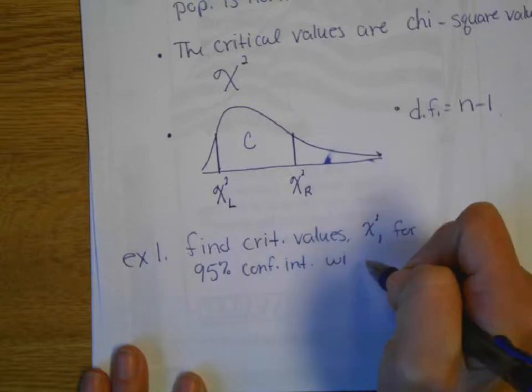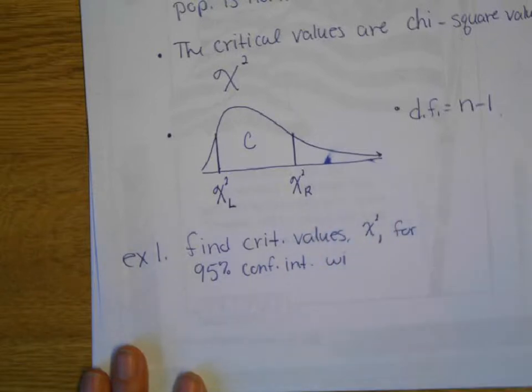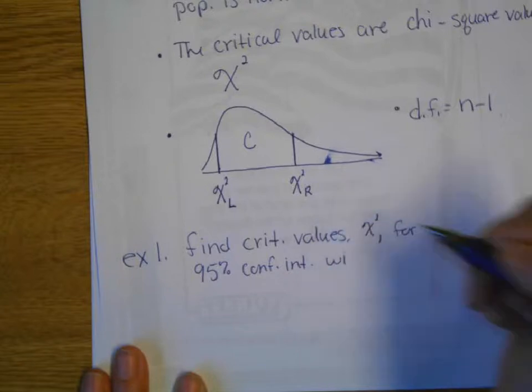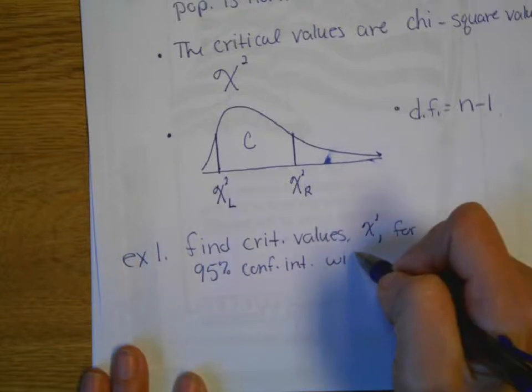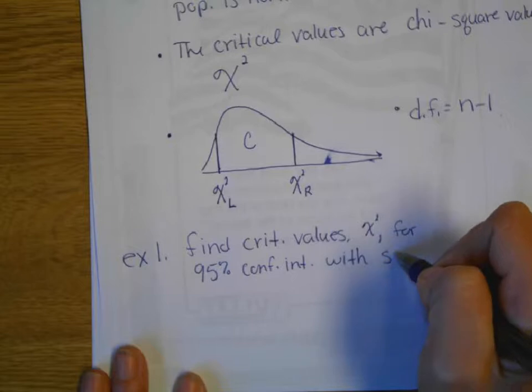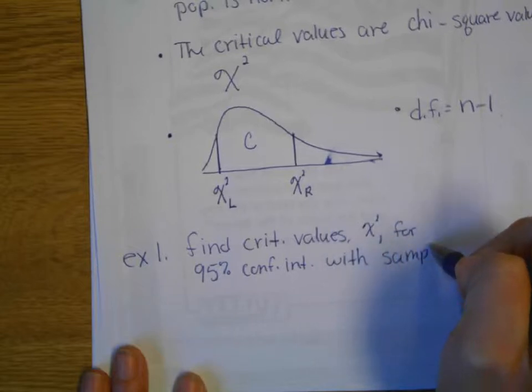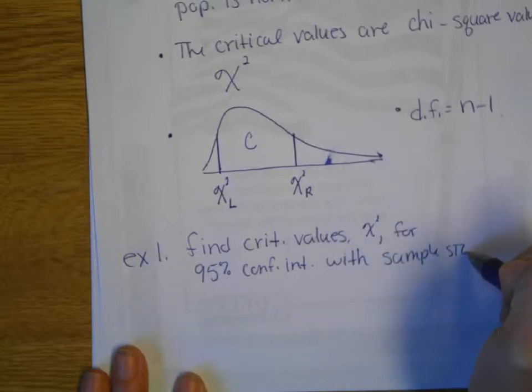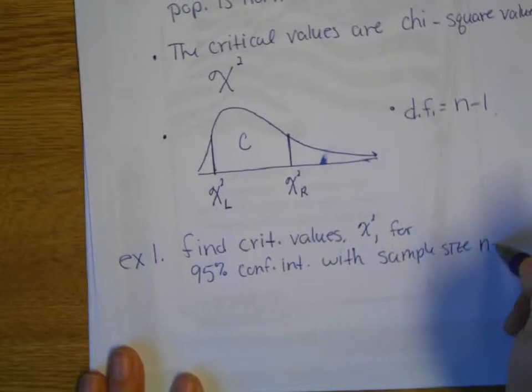Is that X too? Yep, that's chi-squared. It's just closed up a little bit.